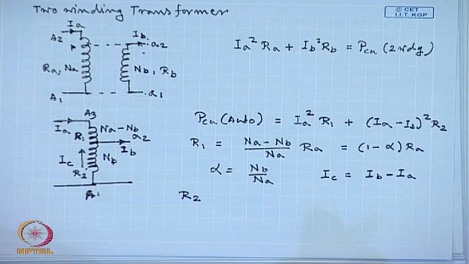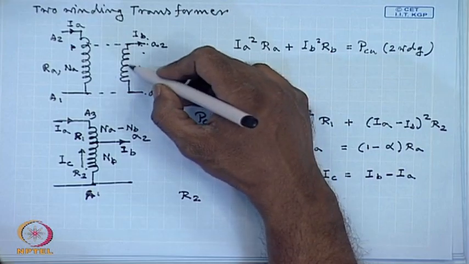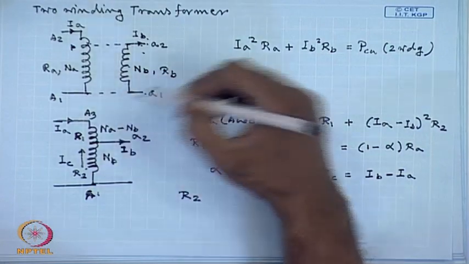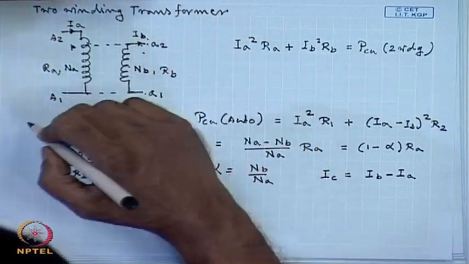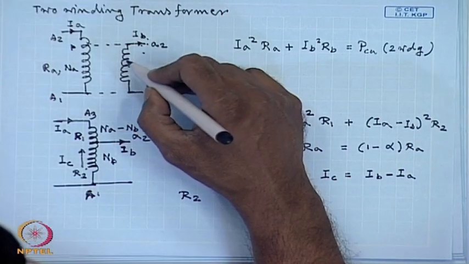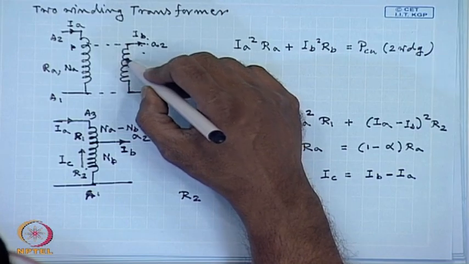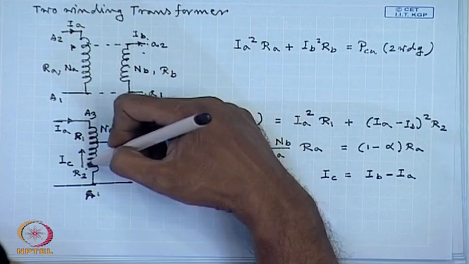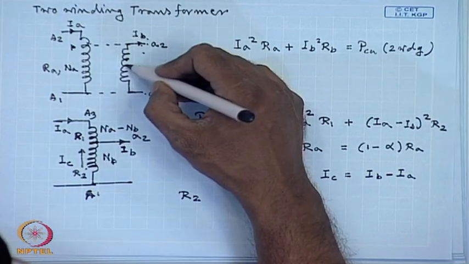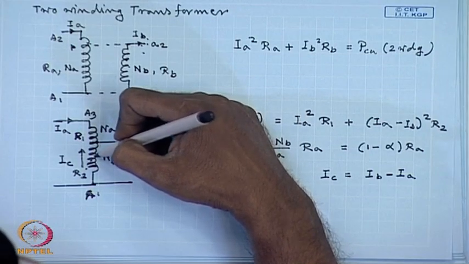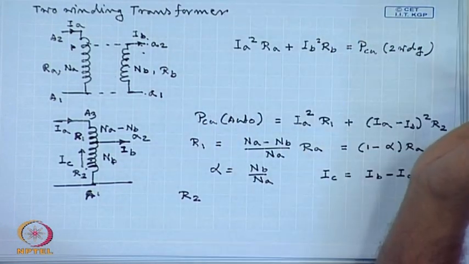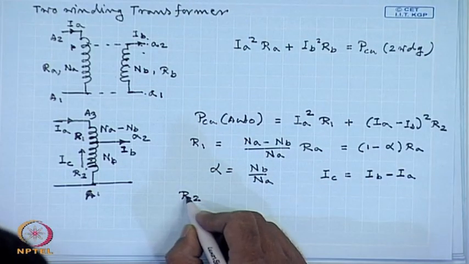Now, again if we assume the current densities of this winding and in this part of the winding to be same, then the cross sectional area of the conductors of the LV winding of the 2 winding transformer and the lower part of the auto transformer should be inversely proportional to the current carrying capacity.